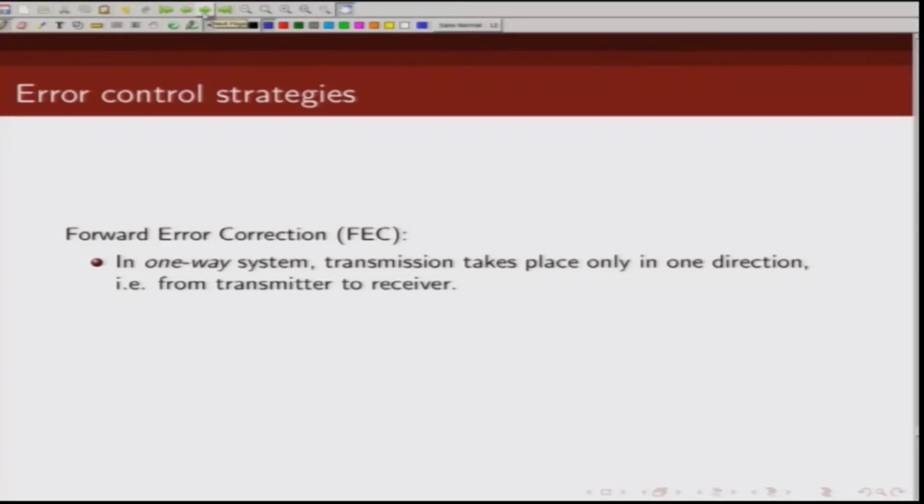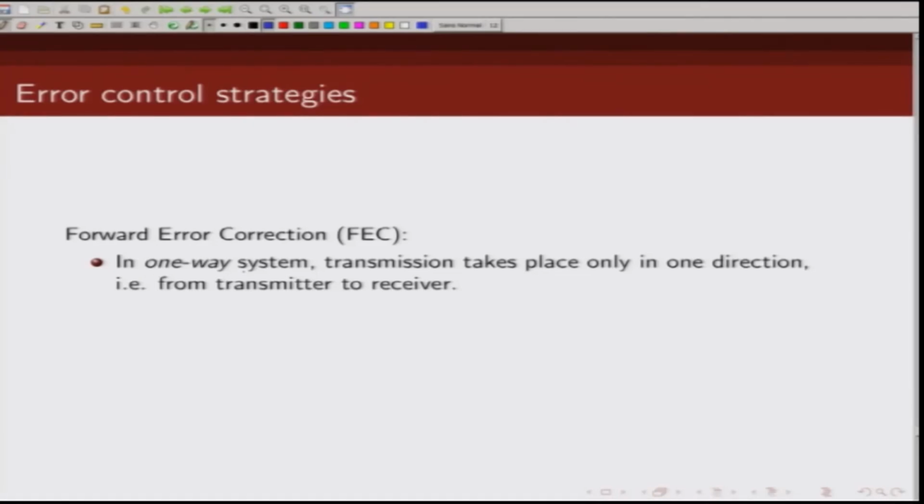The first one which I am going to describe is what is known as FEC, forward error correction. In systems where there is no feedback from the receiver to the transmitter, we call those systems one way systems, where transmission happens only in one direction from transmitter to receiver.